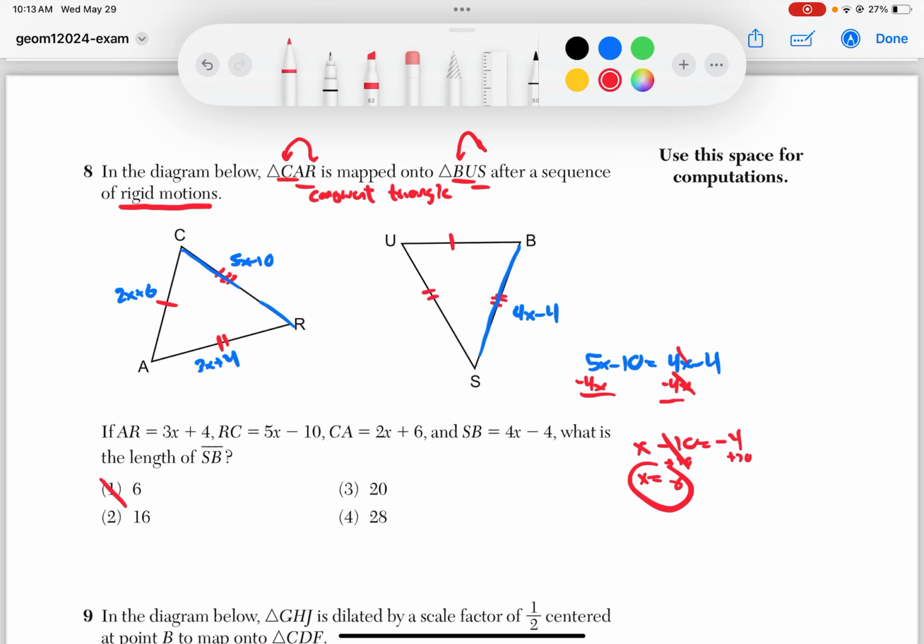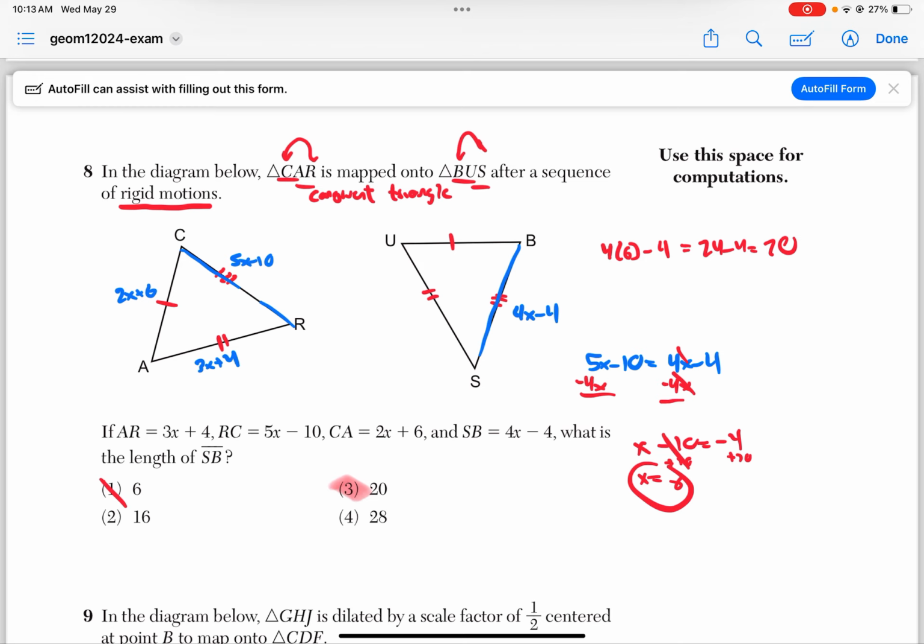That's the Poisson answer. Do not select it. The length of SB is 4 times 6 minus 4. And 24 minus 4 is 20, which is 3. It'd be a big shame if you did all that work and then pick 6. Right? Read the problem.